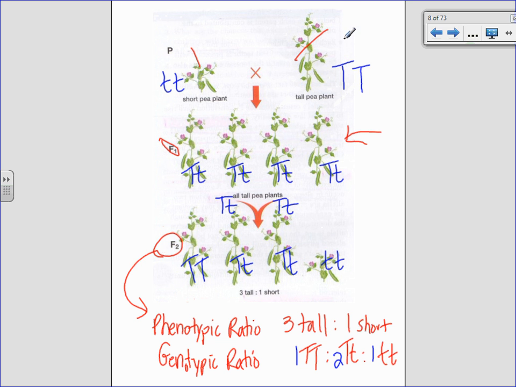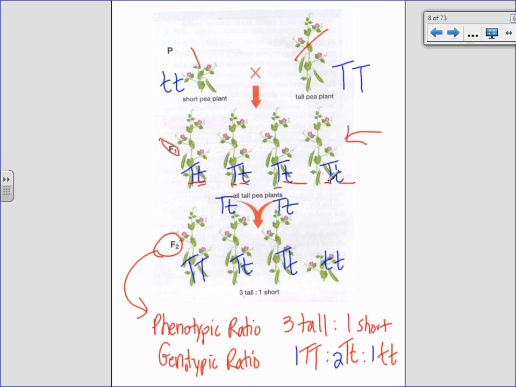And in the tall plant, it's big T, big T. So when these 2 were mated, the only gene that the short plant could give was little t. So all the baby plants in the F1 generation must have gotten a little t from the short plant parent and a big T from the tall plant parent.